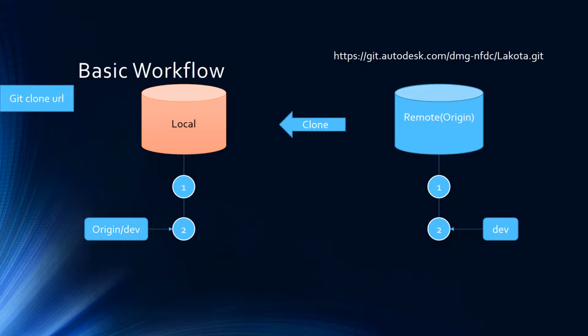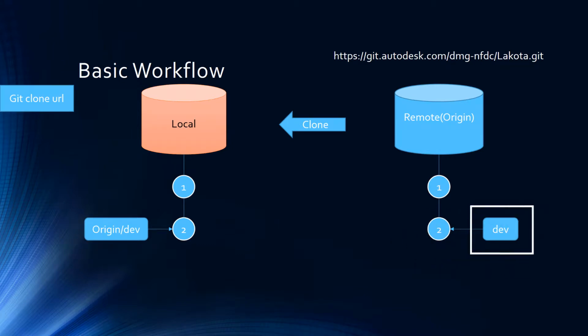Keep in mind, these changes are in your local. You need to push them into the remote repository if you would really like to share your changes. As soon as you clone the repository, you get everything the remote repository owns. Here, let's assume that we have two commits in the remote repository.